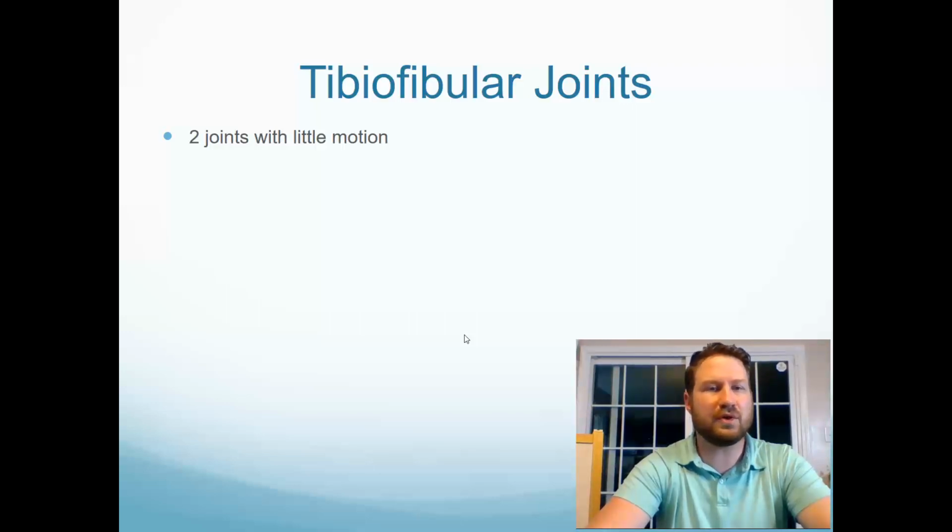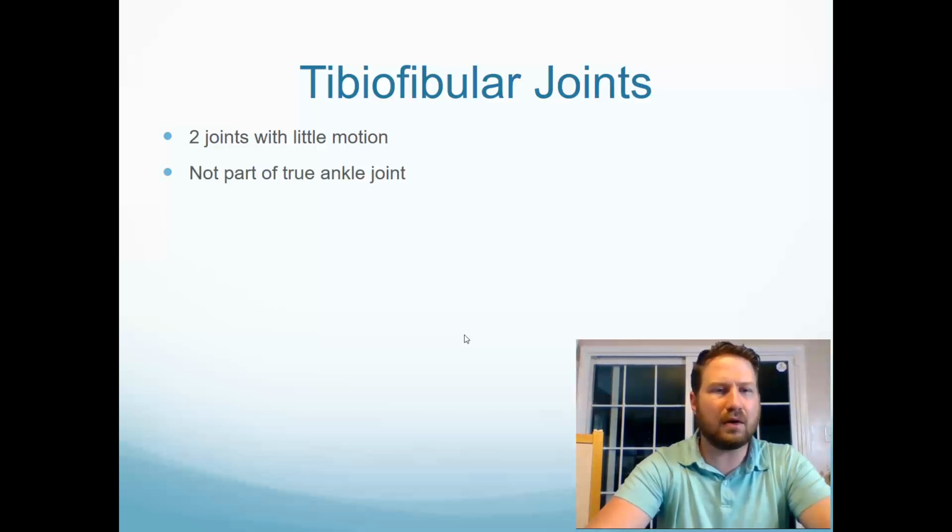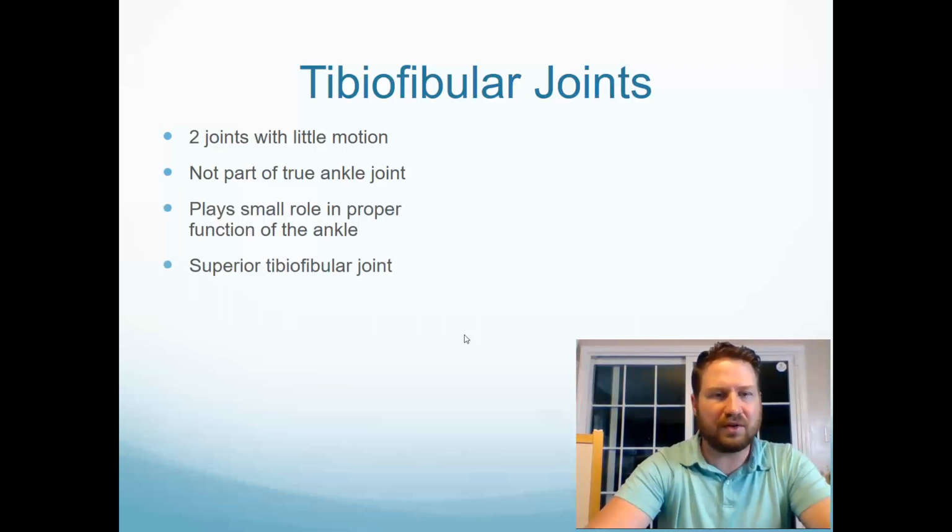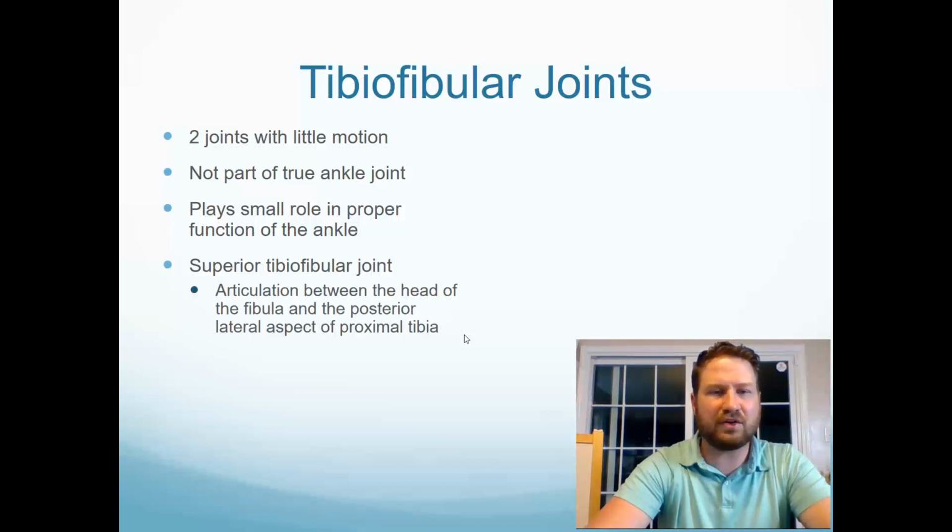Our tibiofibular joint is two joints with little motion. They are not part of the true ankle joints. They play a small role in proper function of the ankle, where the superior tibiofibular joint is the articulation between the head of the fibula and the posterior lateral aspect of the proximal tibia. That's kind of like the proximal radial ulnar joint.